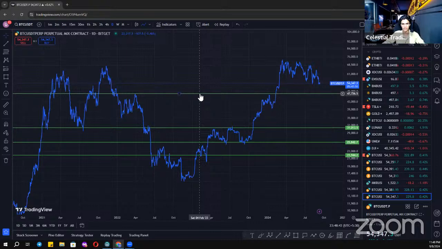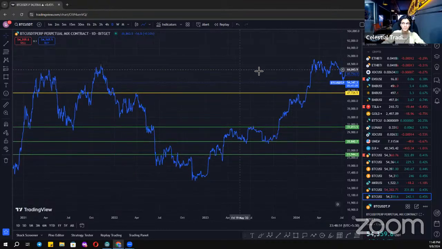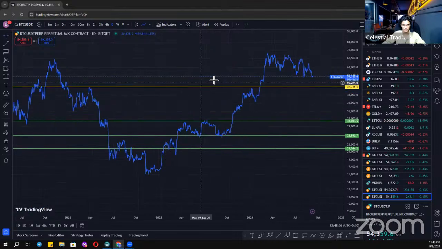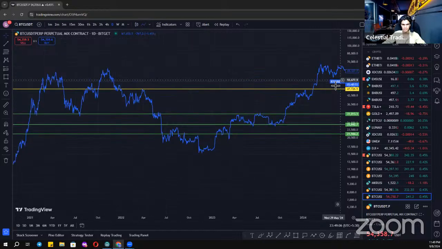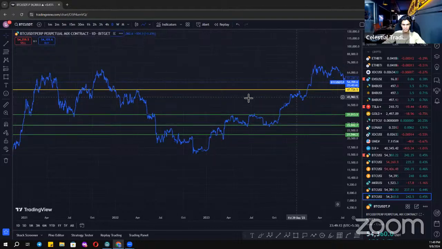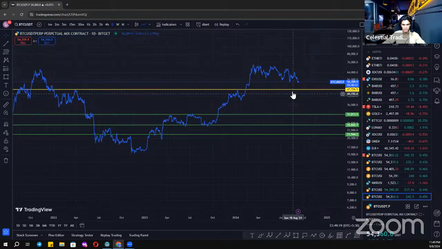We have another support area, day support, and I'll mark it as the yellow line. Once again, this is the only support I'm seeing here in the daily chart.